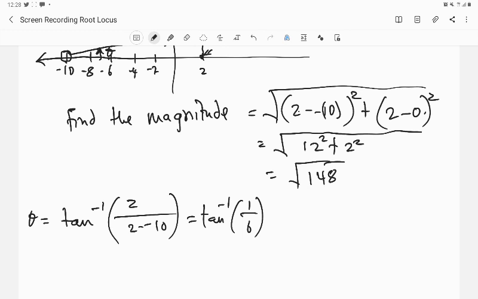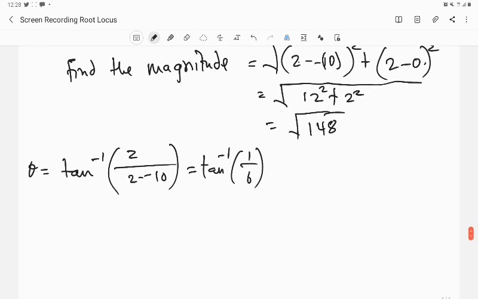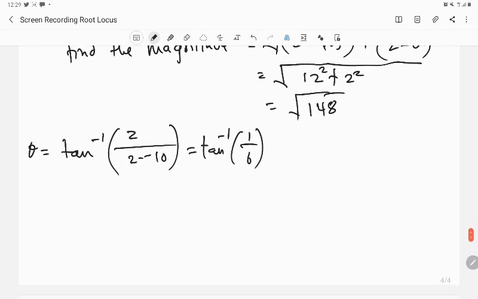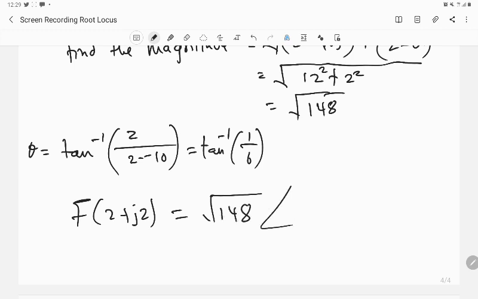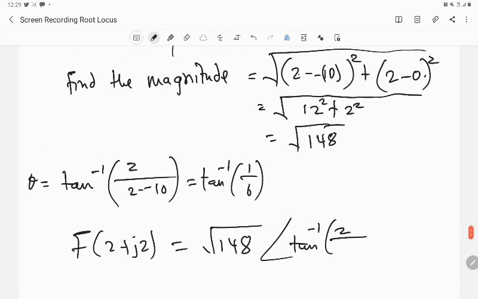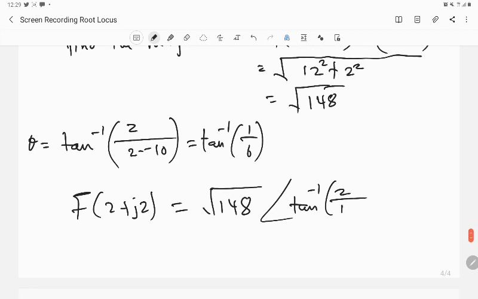With this idea, we can now write f of 2 plus j2 equals the magnitude square root of 148, angle tan inverse of 2 over 12, or 1 over 6.